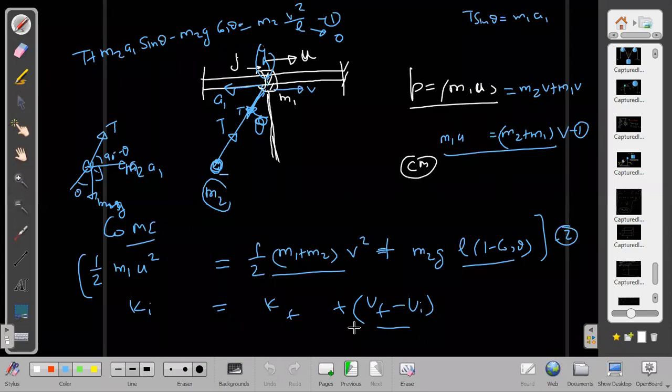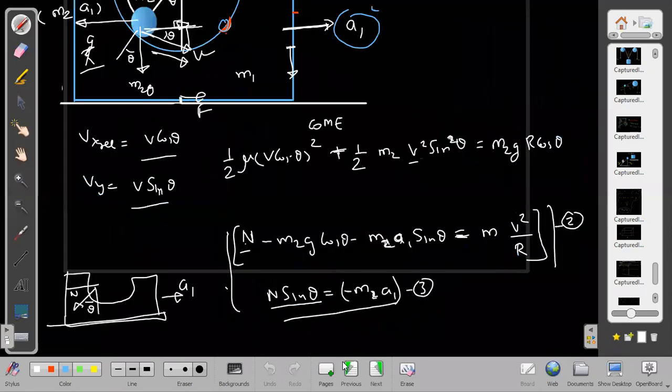Vx relative is equal to V cos theta. That means we consider V itself is the relative velocity. Yes, V is the net relative velocity, and this is its x component of the relative. Yes, sir. You can write down that V is the net relative velocity.